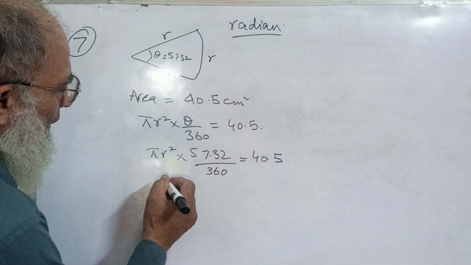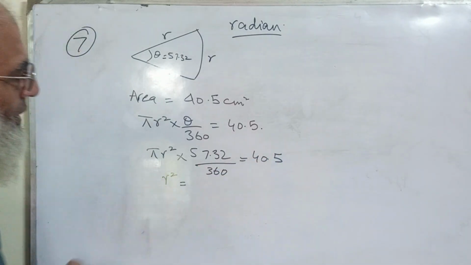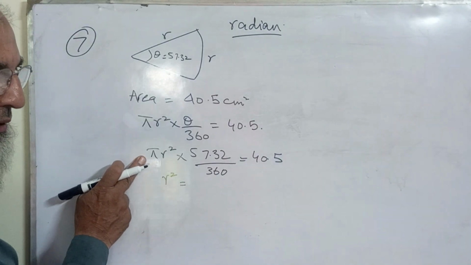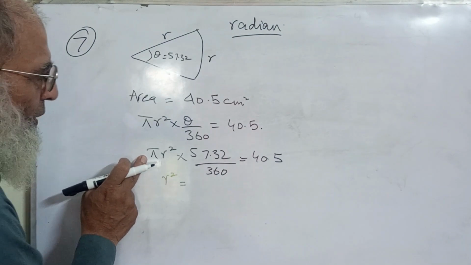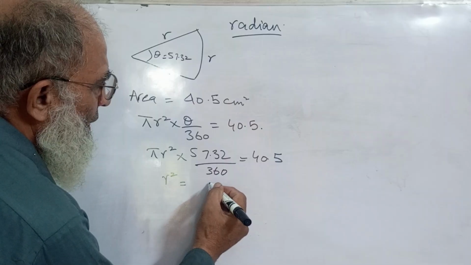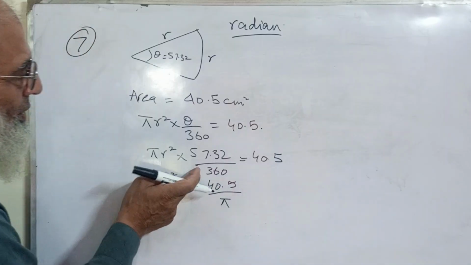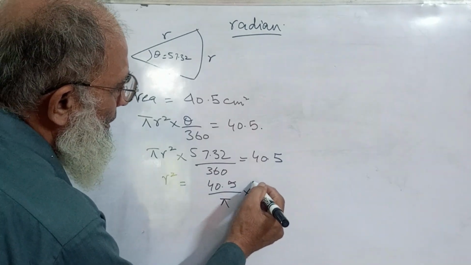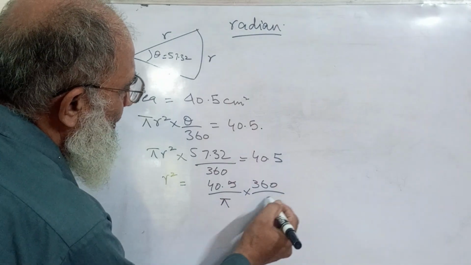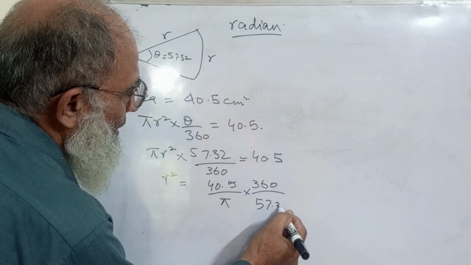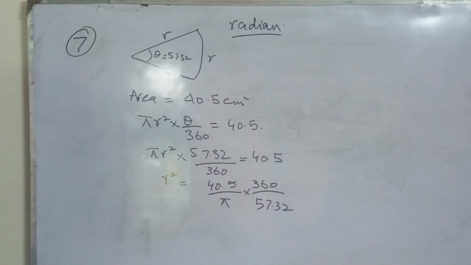So r square is equal to, here it is in the numerator, here it will become the denominator, so this will be inverted and divided by 57.32. This is a little longer method.